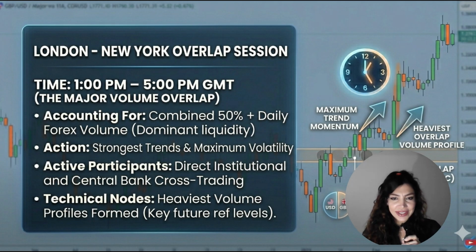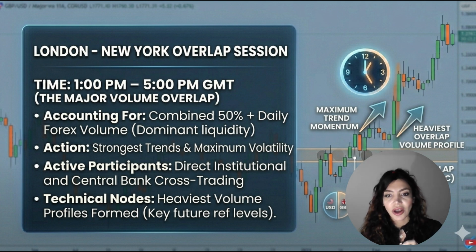So, for scalpers, this is the prime time, 1 minute and 5 minute charts. You can trade with the trend, use volume nodes as targets. Don't fight with the direction here. For day traders, 15-minute chart is ideal. You can enter on pullbacks to the point of control.